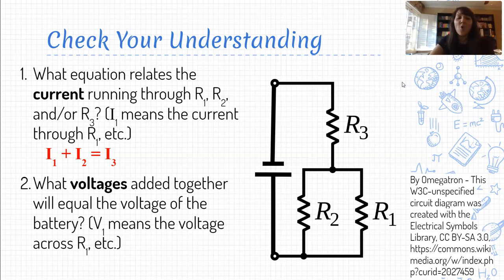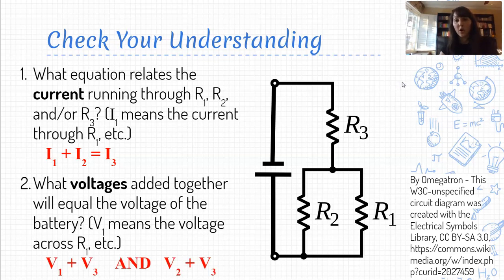Second question, what voltages in this circuit added together will be equal to the voltage of the battery? Now, there are 2 correct answers for this one. According to the loop rule, any complete pathway around the circuit should have a total voltage equal to the voltage of the battery. Okay. Now, there are 2 complete pathways around this circuit.